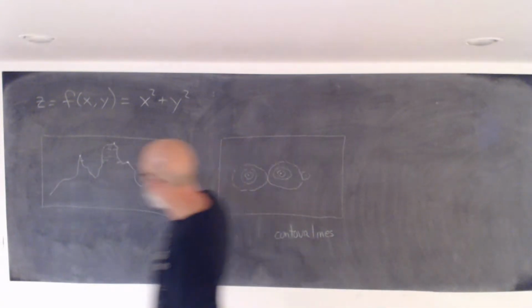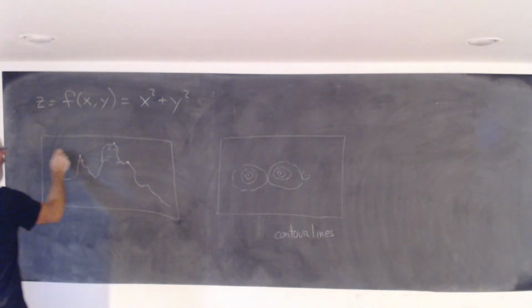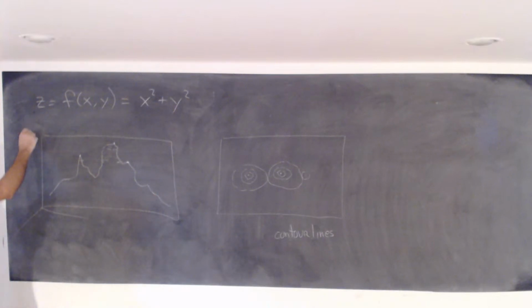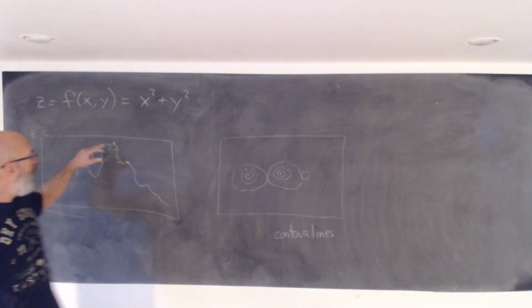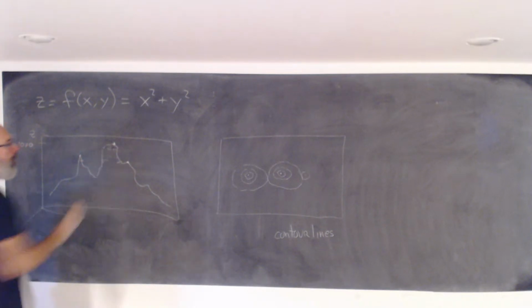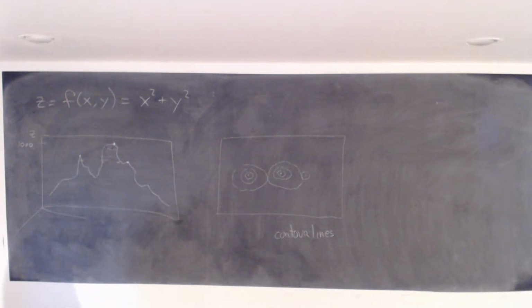These contour lines are the intersection at different heights z. How high is that? Well, maybe at z equals 1,000 feet, you just touch this peak.